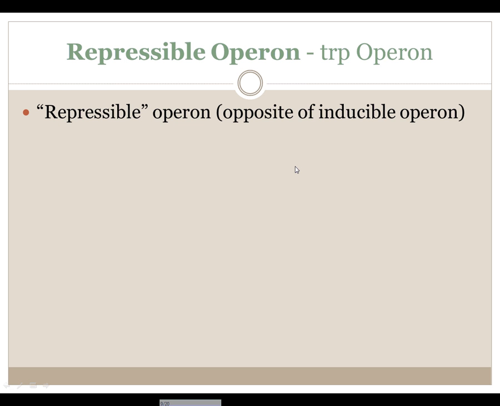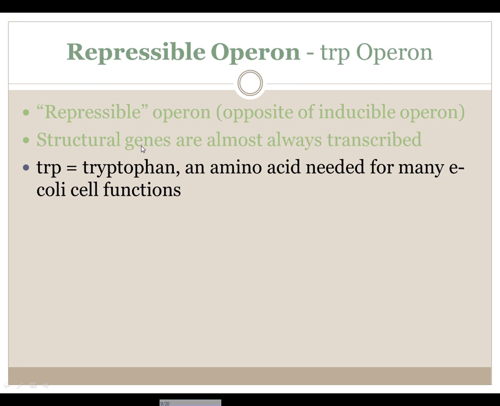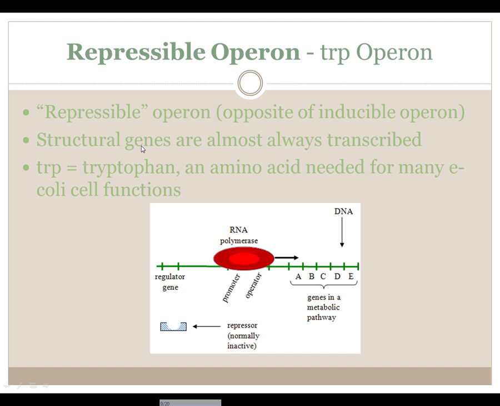And well, then there's also a repressible operon. In the repressible operon, it's going to be just the opposite of inducible. Repressible means that these structural genes are almost always going to be transcribed. One example is tryptophan. This is an amino acid that's required for a lot of E. coli cell functions.